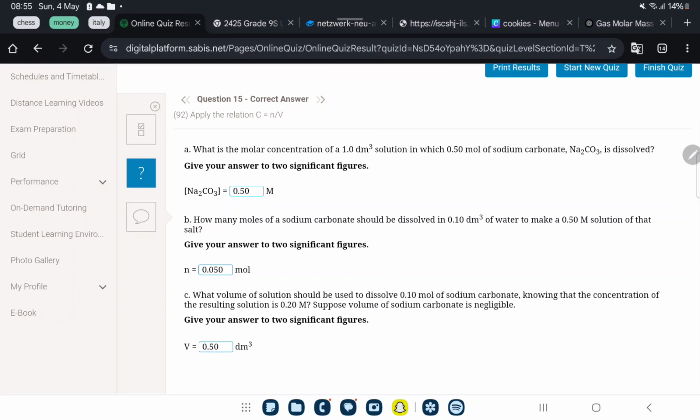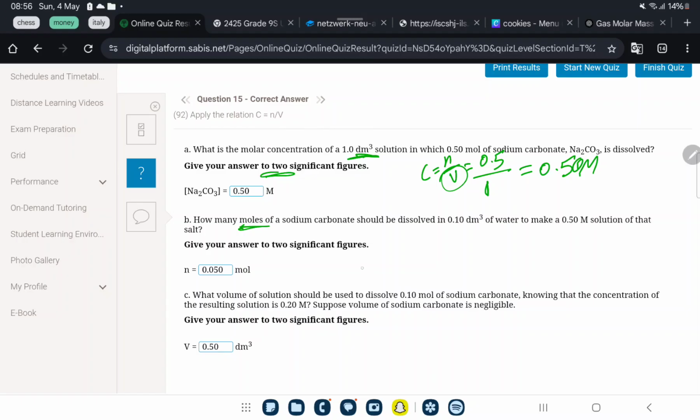C equals n over V. We did this last time also. This question came like every week. So they gave you 0.5 moles over 1 decimeter. So 0.5 molarity, two significant figures, add a trailing 0.